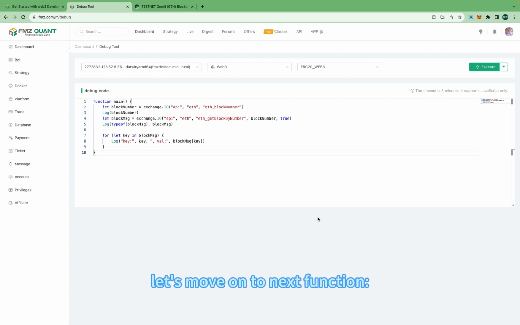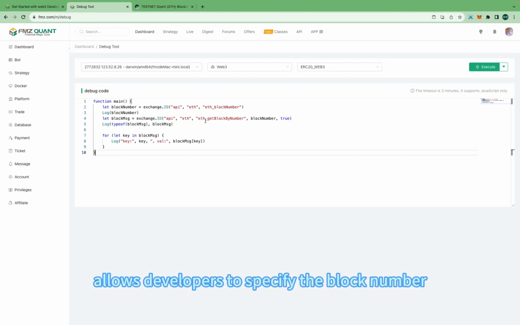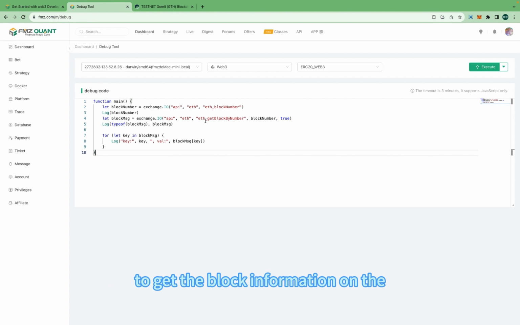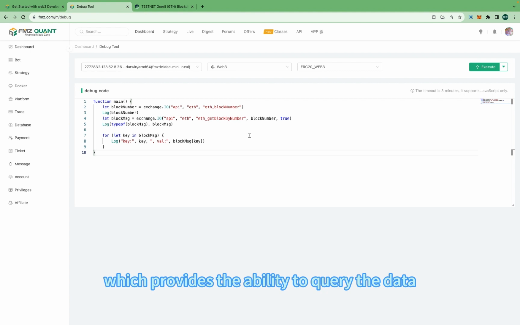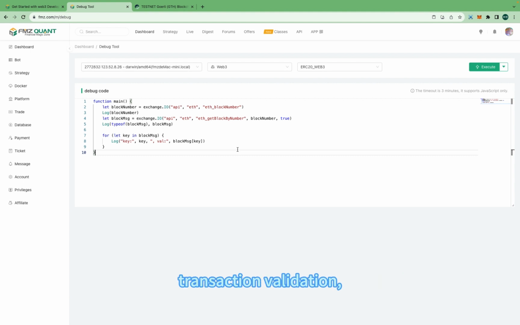Let's move on to the next function, ETH getBlockByNumber. The function allows developers to specify the block number to get the block information on the Ethereum blockchain, which provides the ability to query the data on the blockchain. It helps developers browse the blockchain and validate transactions, and then supports the development and monitoring of the blockchain.